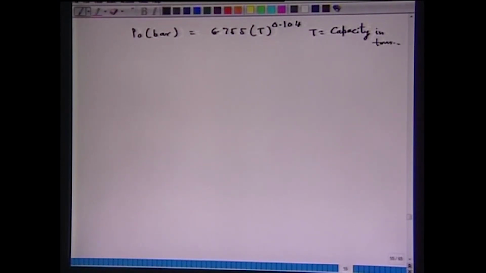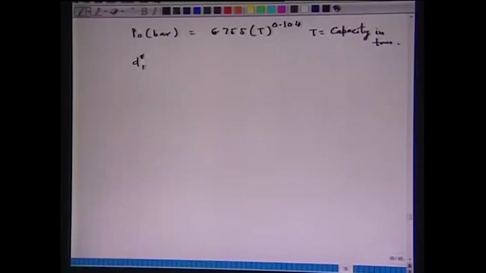Throat diameter can also be calculated as a function of converter capacity and number of nozzles. Say d star n, that is the throat diameter, is equal to 7.46 upon root n into 10 to the power 3 T raised to the power 0.446.